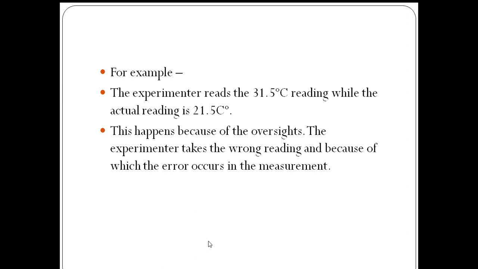This happens due to oversight. The experimenter takes wrong readings, and because of that an error occurs in the measurement. Instead of 21.5, he has taken the reading as 31.5. We have to eliminate this kind of mistake. These are called gross errors.